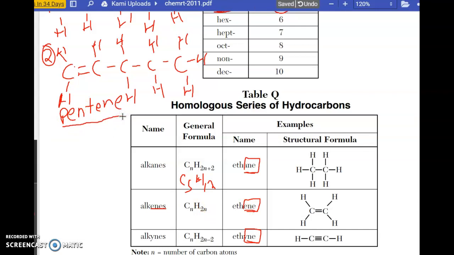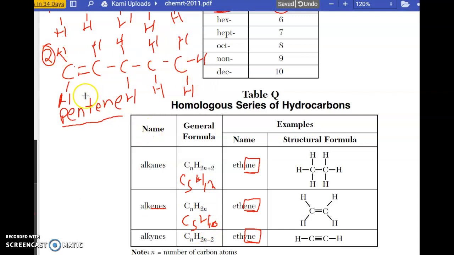So again, you're going to start off with C5. Now for the hydrogens, it's just 2 times N, and again N is 5. So in this case, 2 times 5 is 10. I can count. So we just figured out what the formula should be for this compound.